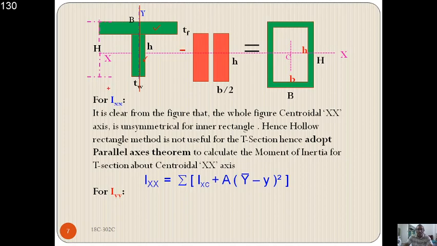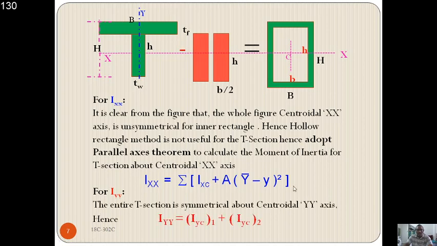Simply, we can use the standard formula b cube h by 12 to identify the Iyy for both the flange and web. Hence, the value of Iyy would be Iyc1 plus Iyc2. So 1 and 2 are the two portions.